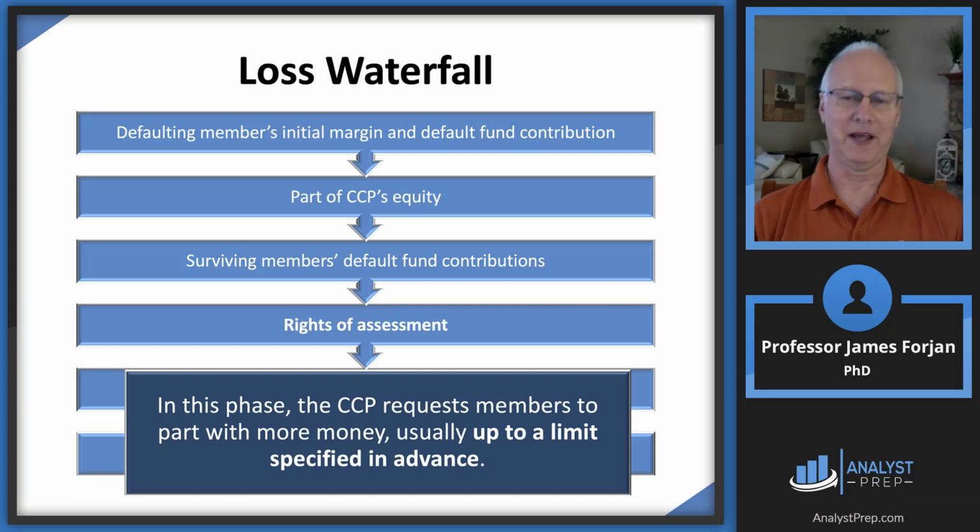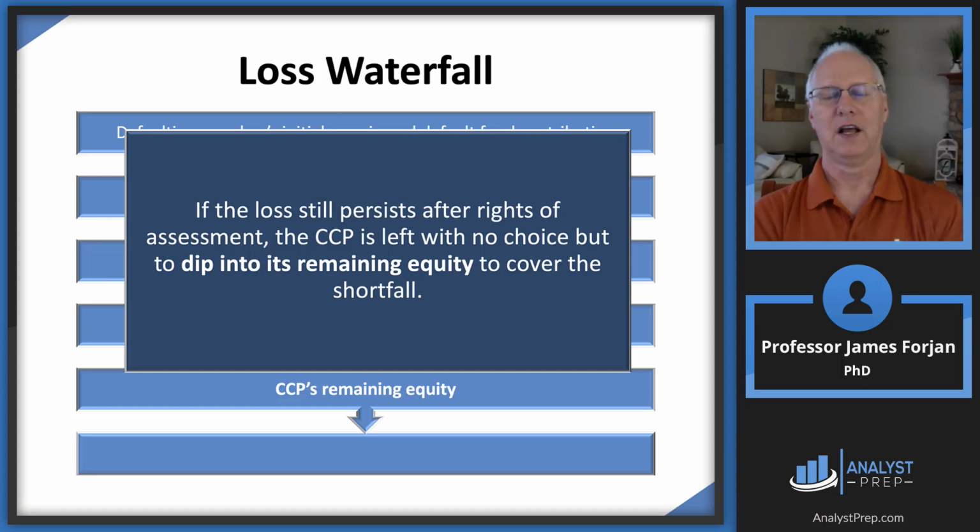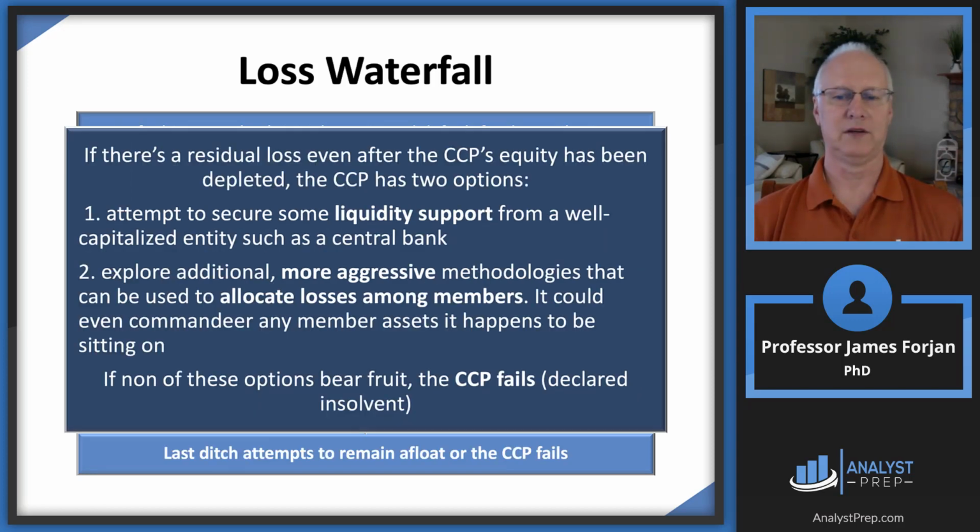Then the CCP can say to the members, it's still not enough. Jim was so bad in his trades that you're going to need to put some extra capital into this. And then the final scenario is that the CCP looks to the rest of its capital. And then, of course, the CCP could declare bankruptcy.